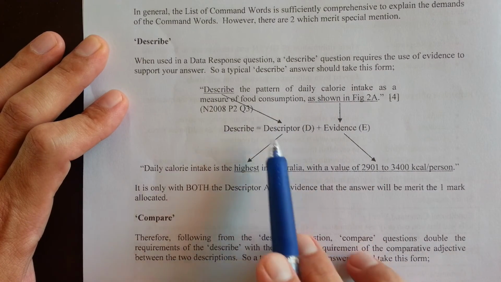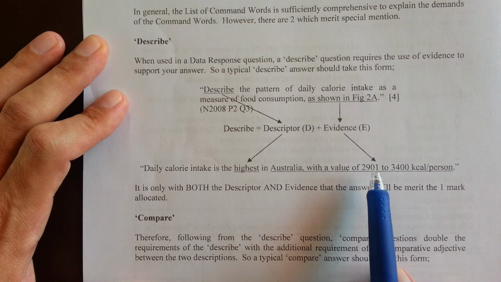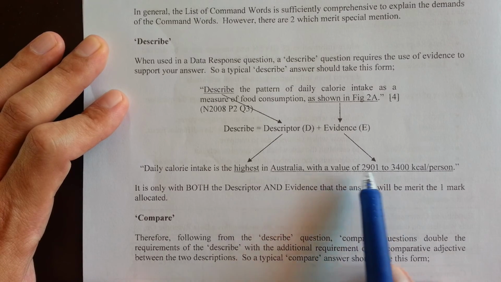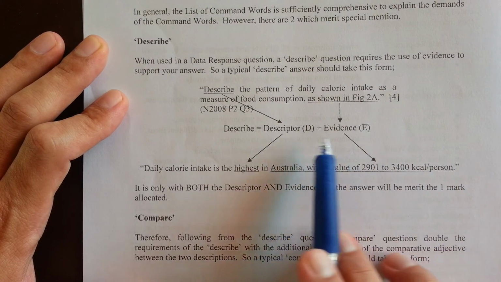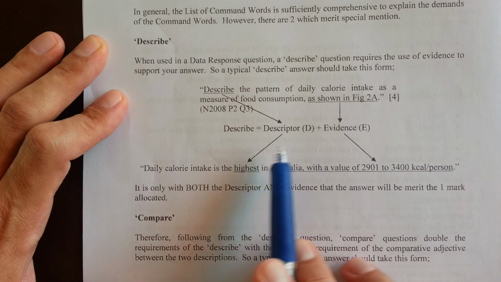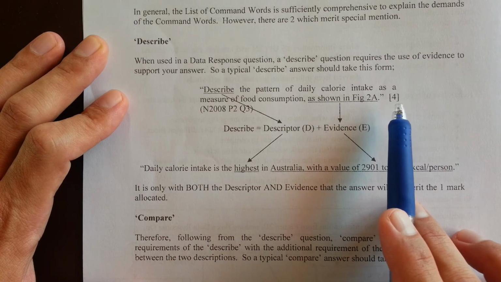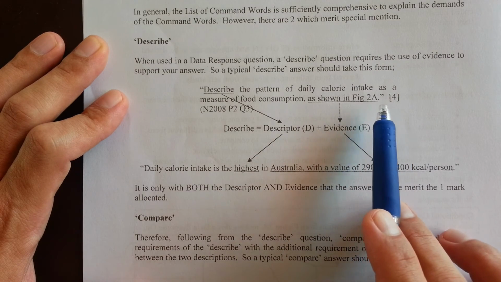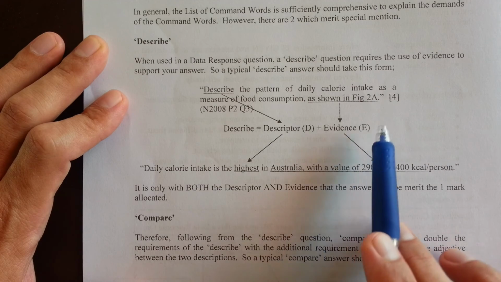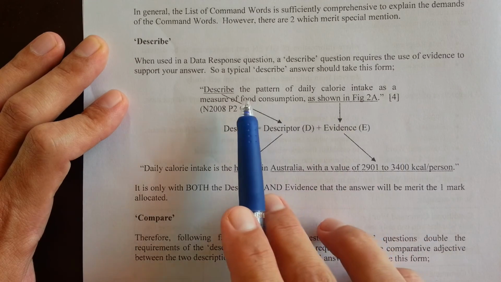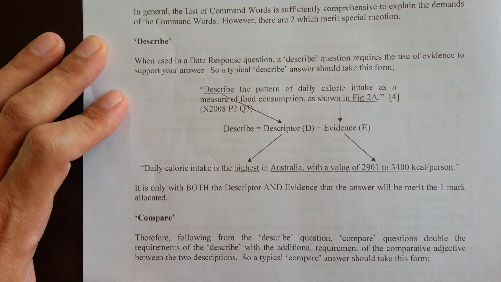So this is what exactly this question means. And the evidence, for example, in this fictitious case, let's say the table says this, so we put in the value, and this becomes one complete answer. This makes 1 out of the 4 marks that is allocated. So do this 4 times, and you will get all 4 marks.